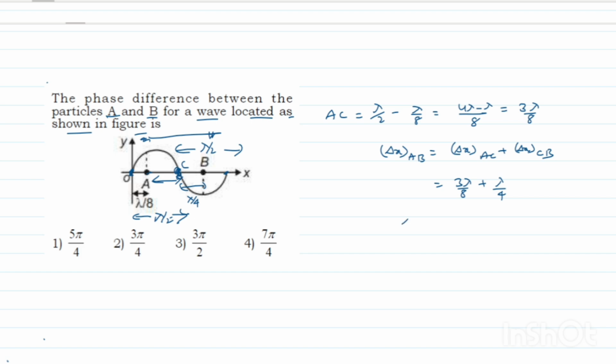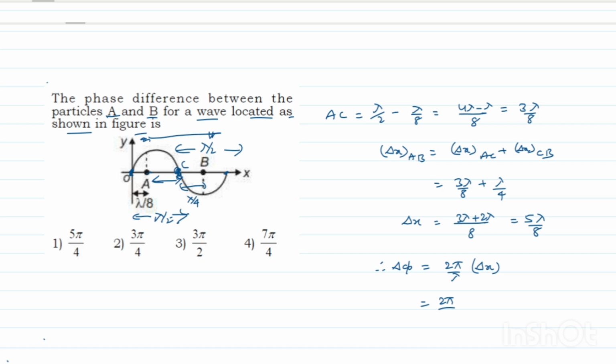Again you just take the LCM, then delta x, the path difference between A and B, will be, with 8 as the LCM, 3 lambda plus 2 lambda, which is nothing but 5 lambda by 8. Now they are asking the phase difference value, therefore the phase difference between those two particles will be 2 pi by lambda into the path difference.